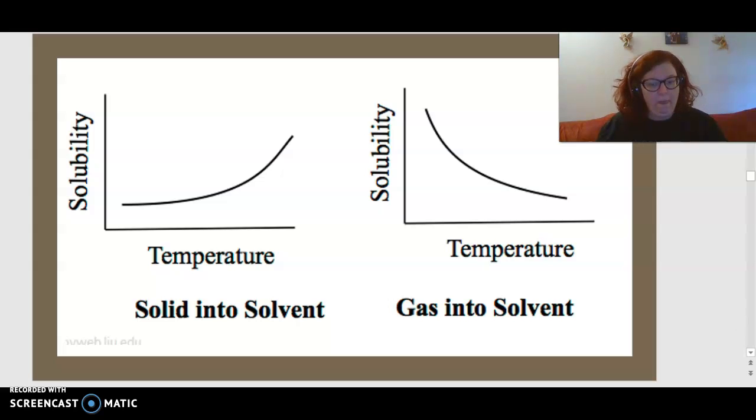However, did you know that if it's a gas in a solvent, temperature actually has the opposite effect? Think about a soda. When it's a gas in a solvent, think of that Dr Pepper, think of that Coke, and when it's hot, it's gross, right? Totally gross.